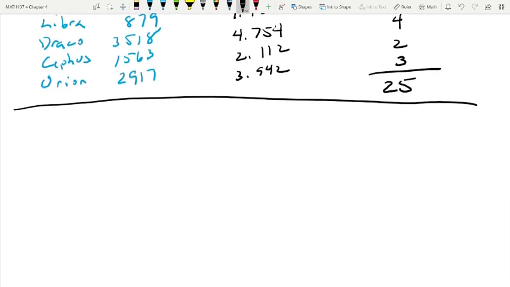So in terms of some of the rules, the first rule is the quota rule.